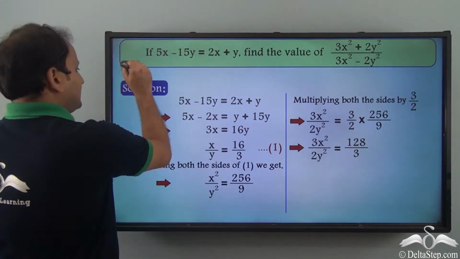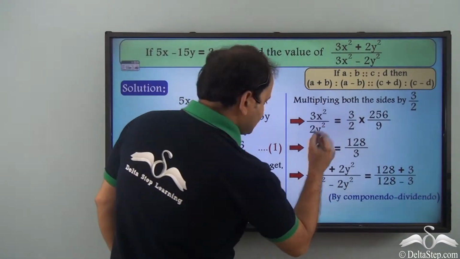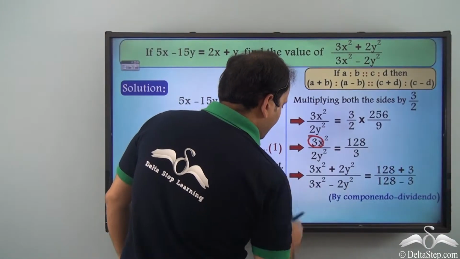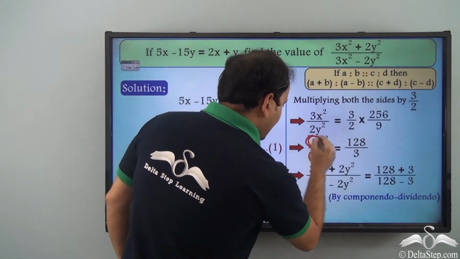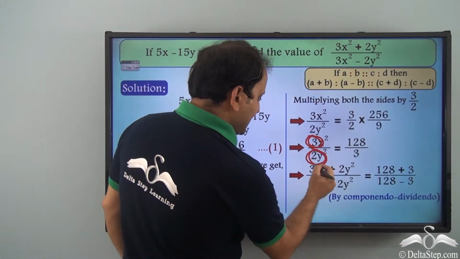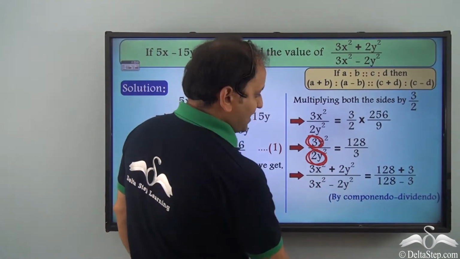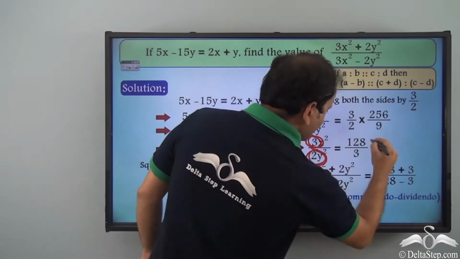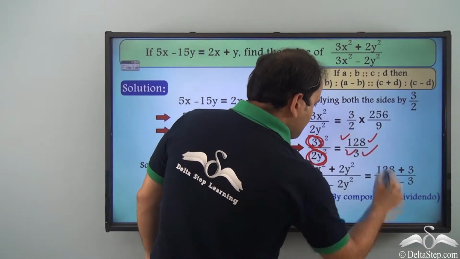So let's apply componendo dividendo here. So what is happening is A plus B by A minus B, that is 3x square plus 2y square by 3x square minus 2y square. This is equal to this plus this by this minus this.